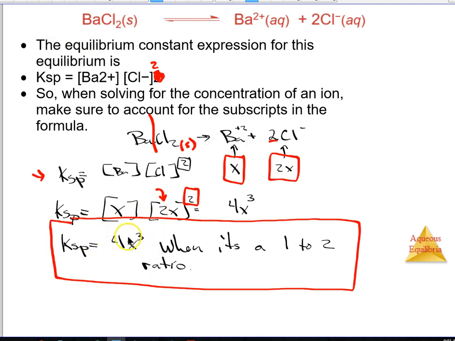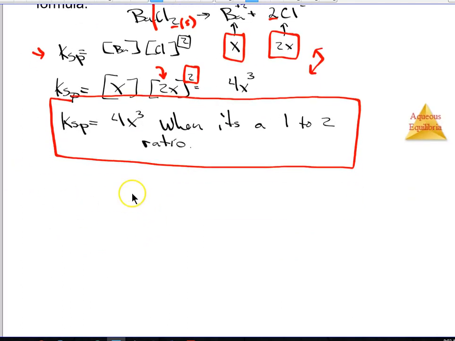The good news is that if this did not make sense to you, which about 4 of you did not raise your hands, if you can just memorize this I just put in the red box, then you don't need to understand why. If you see something that has a subscript of 2 to a 1, you can just memorize that to solve for Ksp or for x, it's this equation. Ksp equals 4x cubed. And now what is x?